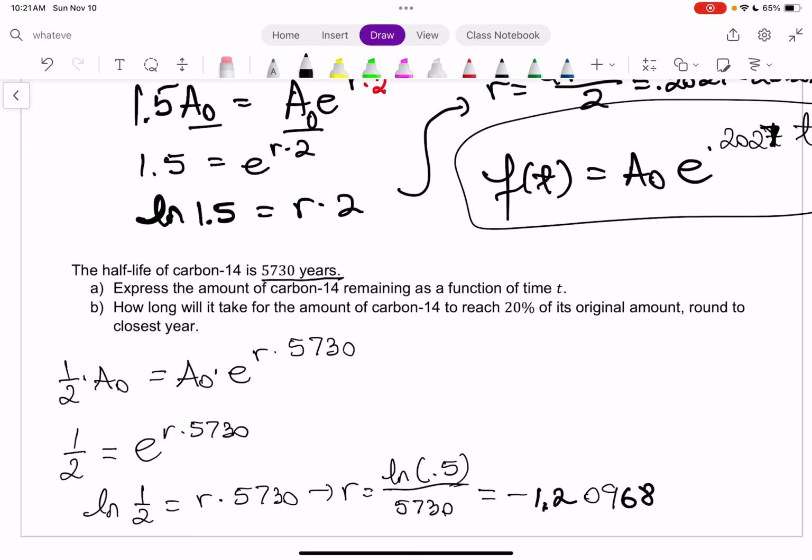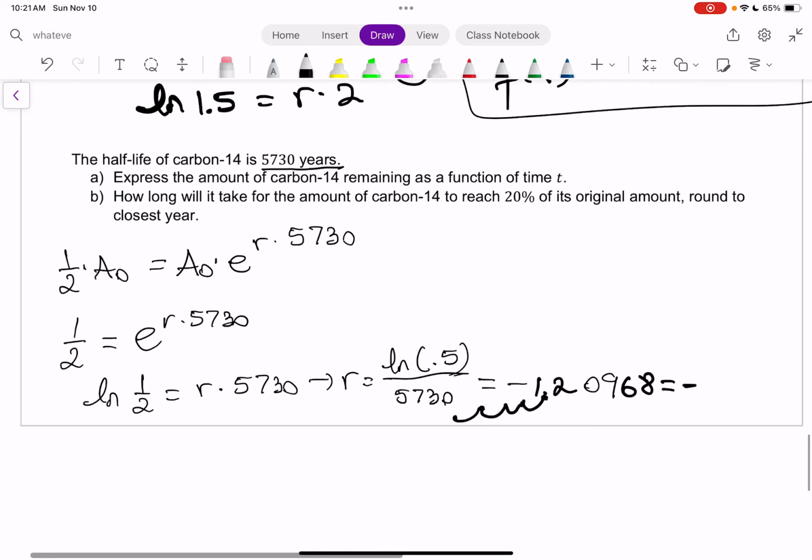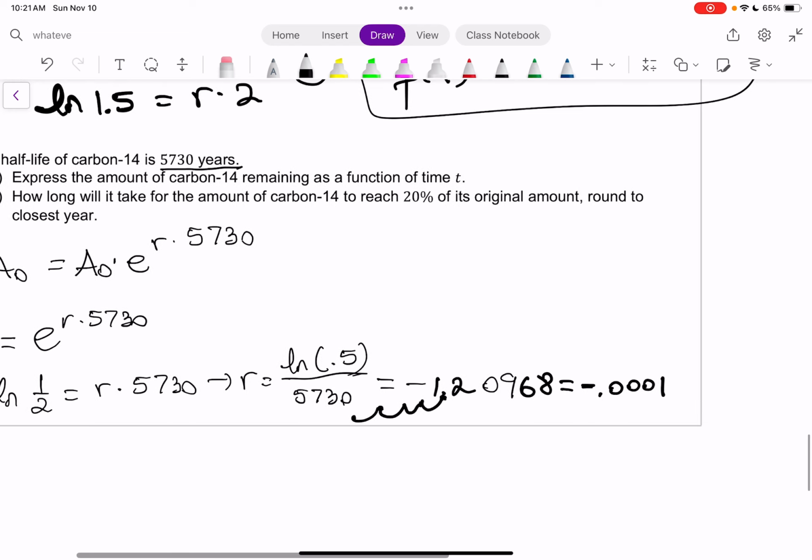So take this e to the negative 4 and move the decimal 1, 2, 3, 4 places left. So therefore, you're actually going to have 0.000121, I'm just going to round it up there.